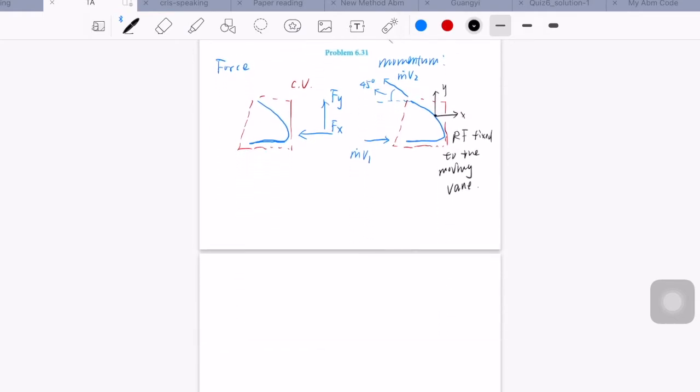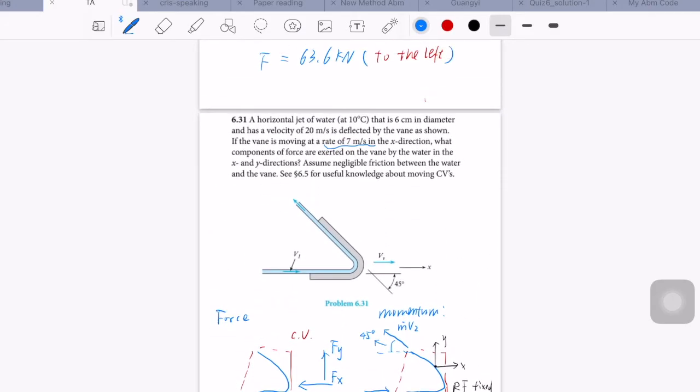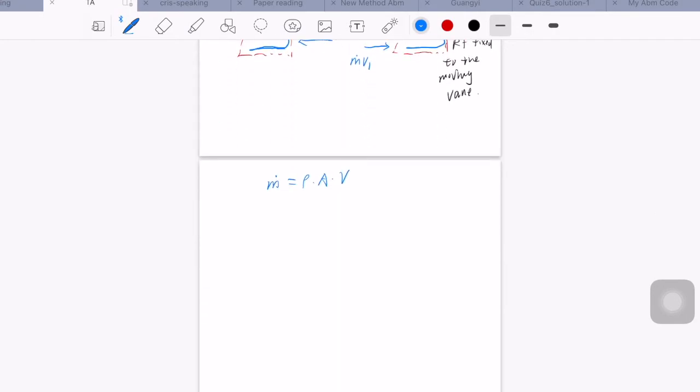And now we need to calculate the mass flow rate. For the mass flow rate, we know m dot should be equal to rho times A times V. And from the problem, we know the water is at 10 degrees Celsius. So the density of water rho should be equal to 1,000 kilograms per cubic meter.